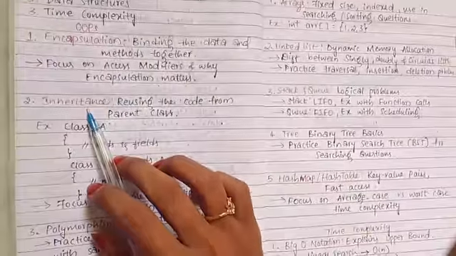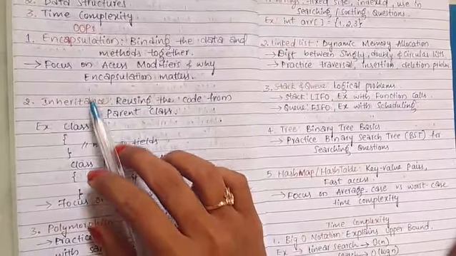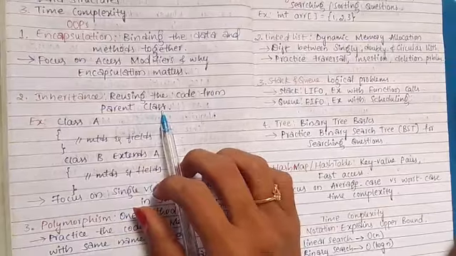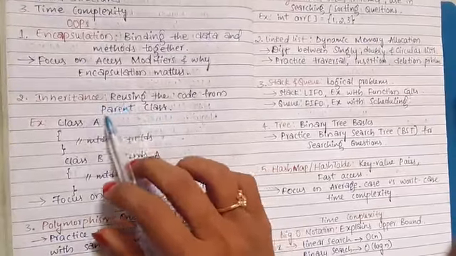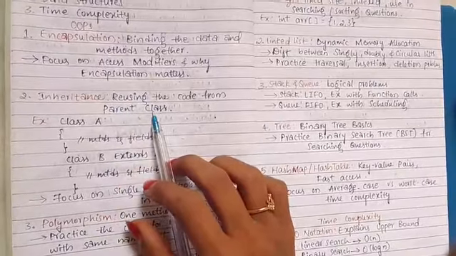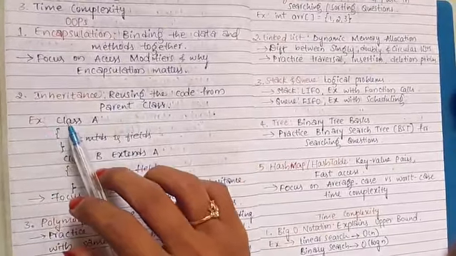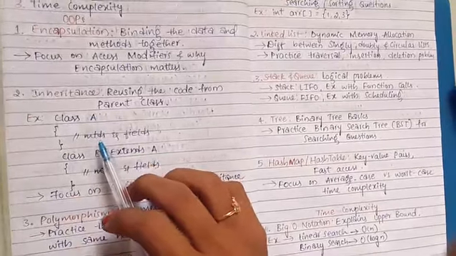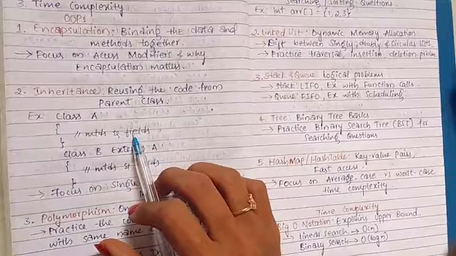The second topic is inheritance in OOPS concepts. Reusing the code from the parent class. Inheritance means we are reusing the same code from the parent class. Let us see an example. Class A is the parent class with some methods and fields in it.